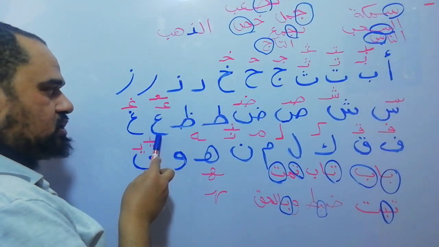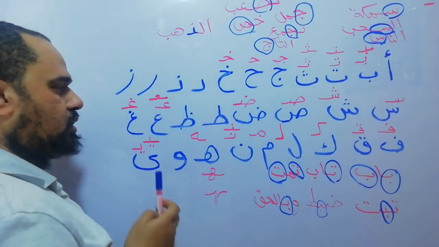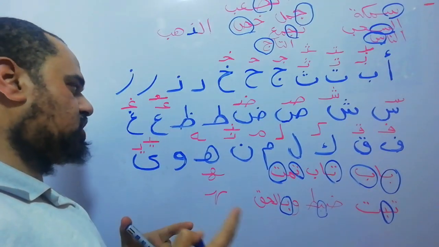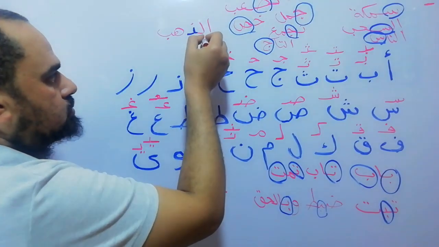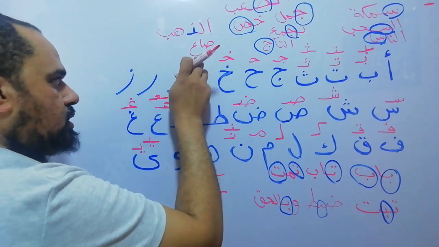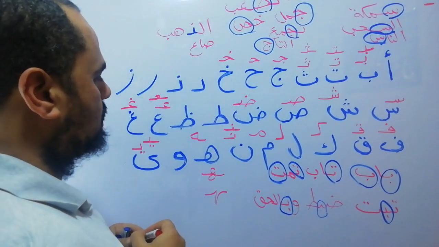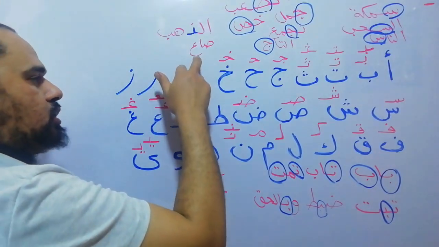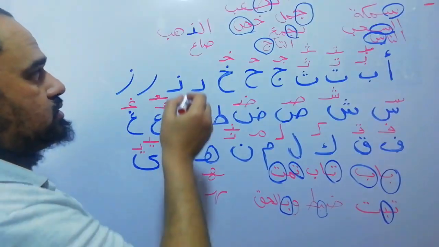For Ain and Ghain, the two have a little bit of change. Like that at the end, and in the middle. And in the middle, it may take two shapes, like that.